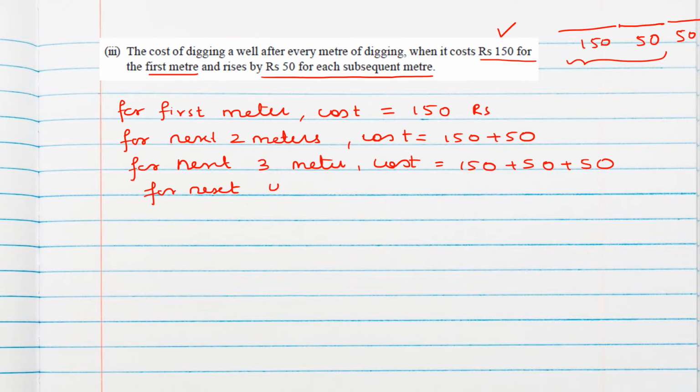For the next 4 meters we can write: cost is 150 for the first meter, 50 for the second meter, 50 for the third meter, and 50 for the fourth. So now if you observe the list of numbers, this one will give 150, this one will give 200, this will give 250 and then 300.